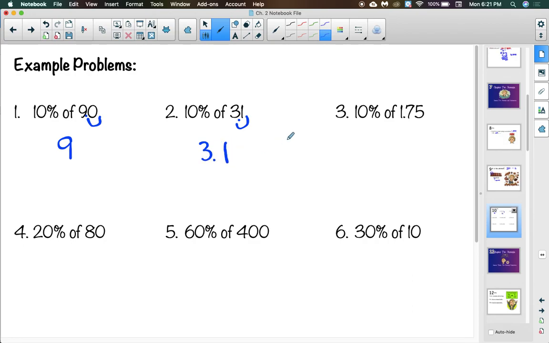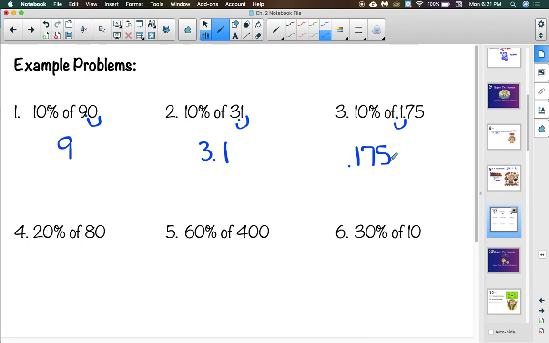That's perfectly fine. We're not going to do any rounding. Just leave the decimal where it is. 10% of 1.75. Don't let this one psych you out. All you have to do is take that decimal, move it one place to the left, and 10% is 0.175. That's it.